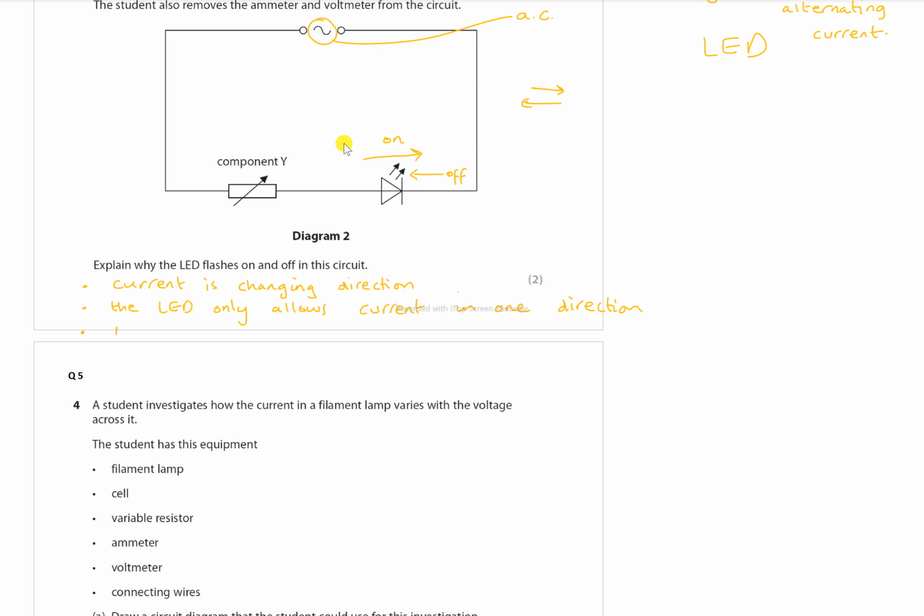So the LED only lights up when current is in the forward direction and goes off when current is reversed.